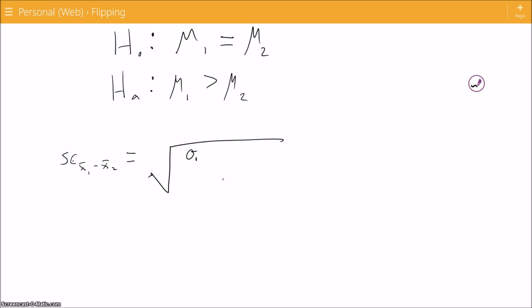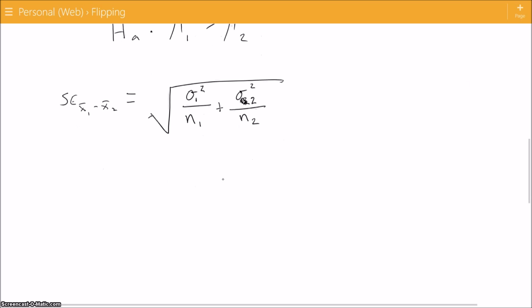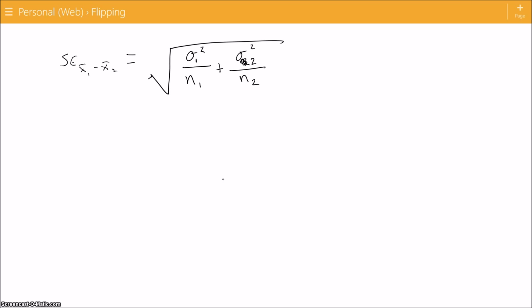So my first batch, this is actually going to be squared, and this is divided by the number of things I've sampled from my first group. All the sub 1s go together, plus the sigma squared of my second group of data, that's a 2, over n2. Make sure that is very clear, that is a sub 2 down there. The 2s stick together. Again, that's just the data from our second group.